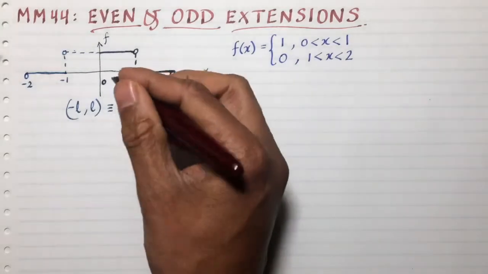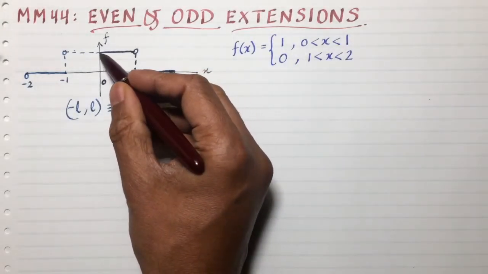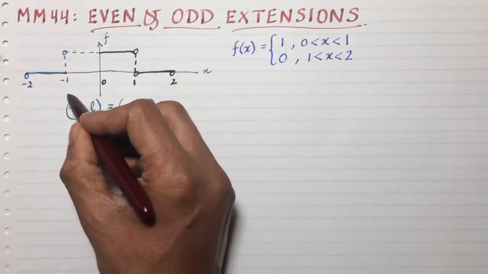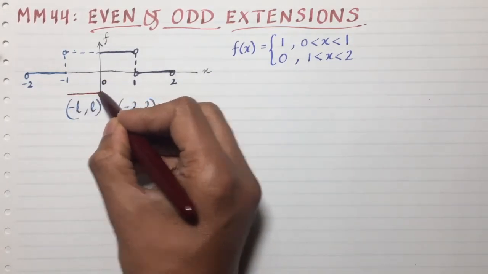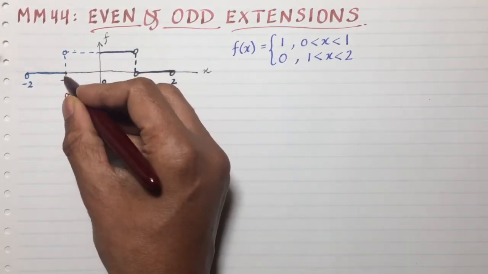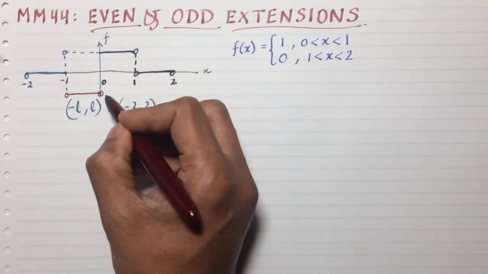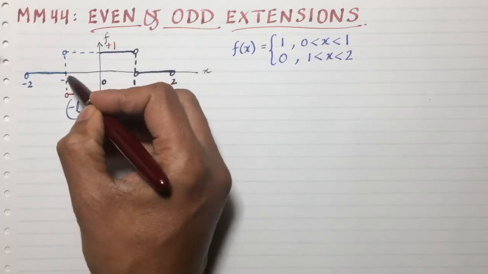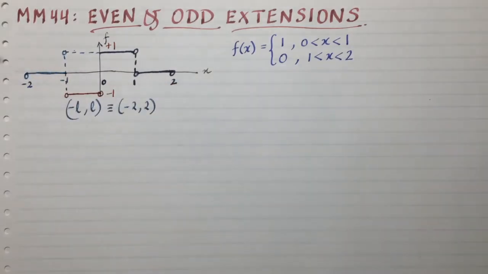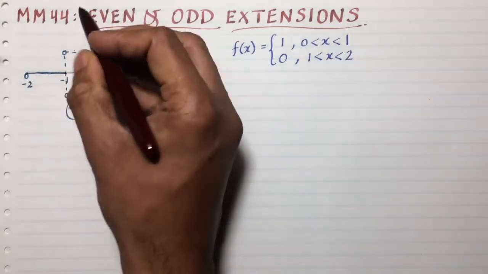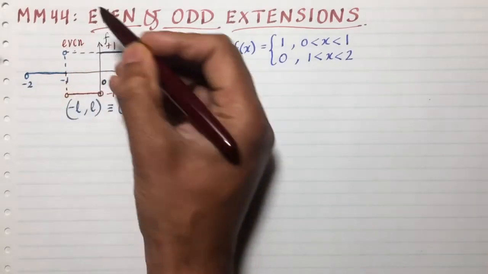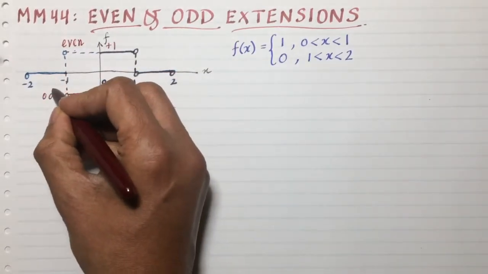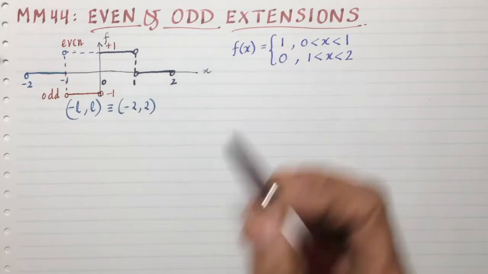The odd extension of this function is the one where you reflect it about the origin. If you did that, you'll find that you get this. Between 0 and -1, this function takes a value -1, and from -1 to -2, it takes a value 0 again. So that's called the even extension of this, and this is called the odd extension of this function.